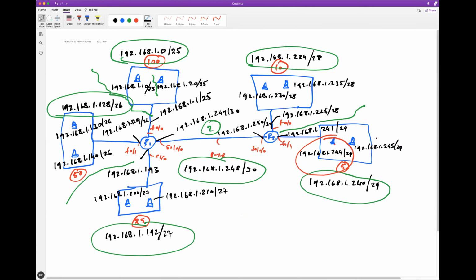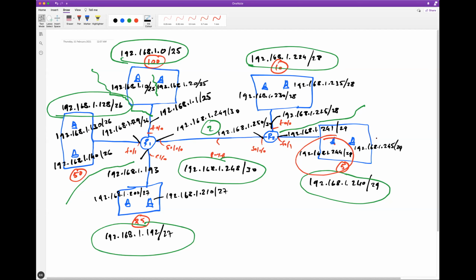Mr. Koti, thanks for your time and explanation. Actually, I just wanted to know the difference between VLSM, variable length subnet mask, and FLSM. You said FLSM is the older version. It's not usable anymore, is it? Correct.